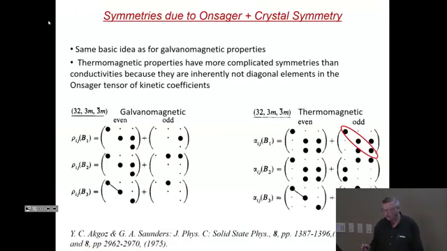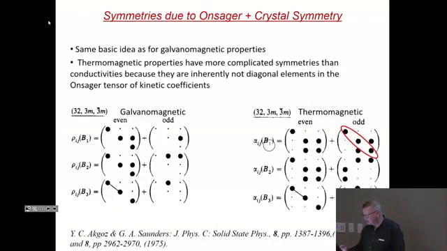Well, again, you have to refer to Agos and Saunders. We talked about this in the context of the galvanomagnetic coefficients, Hall coefficients. In the context of the thermomagnetic coefficients, you have to look at which are even and odd. So here, these are the magneto-Seebeck coefficients, alpha 1,1, alpha 2,2, alpha 3,3.